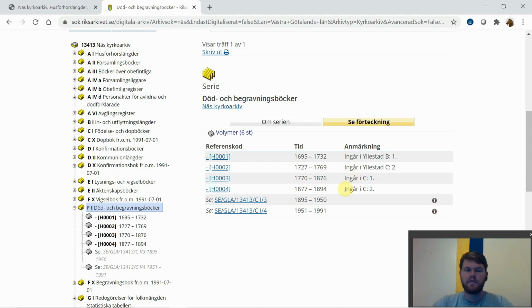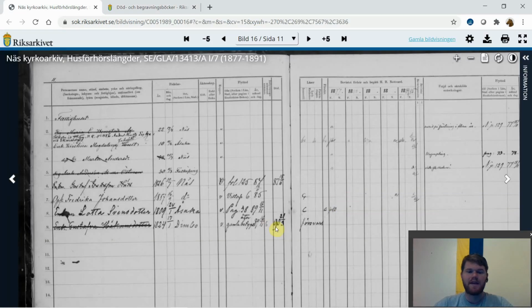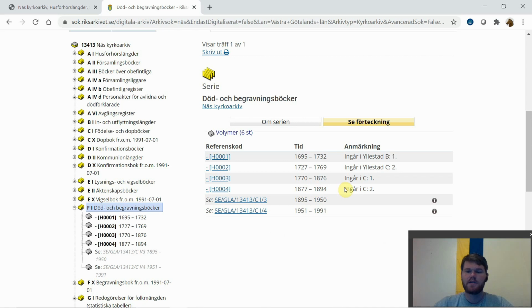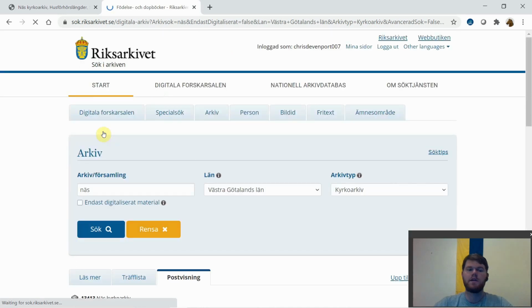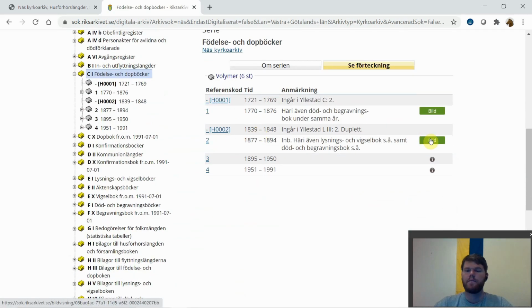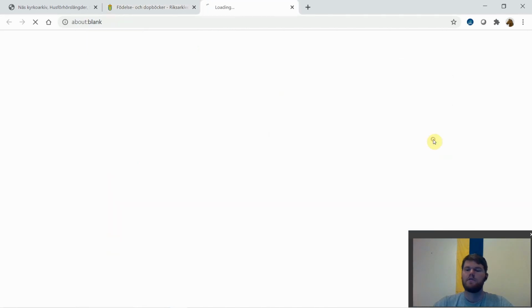So the one that we're looking for is 1890, and these deaths are going to be in book C2. So we can just go to C2. And if you notice in the description, they even have that written out right there, that it has the marriages and some deaths and burials in this book. So we open this up.